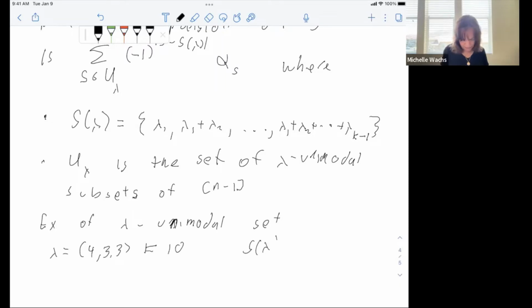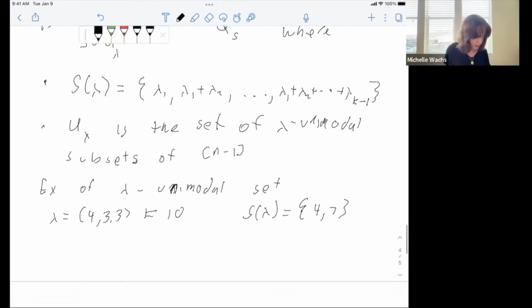S_lambda is then 4, 7, the partial sums. And then how do we get a lambda-unimodal set? We list all the elements from 1 to 10.